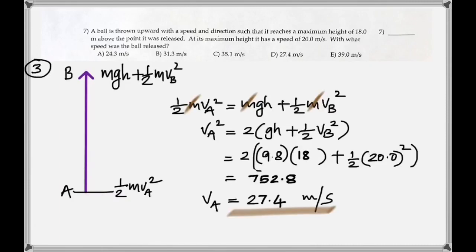And so the total kinetic energy that it had at the bottom should be equal to the potential plus the kinetic that it has at the top. The mass cancels out, so carefully plug in the numbers and calculate. You're going to get 27.4 meter per second as the velocity with which it was launched.